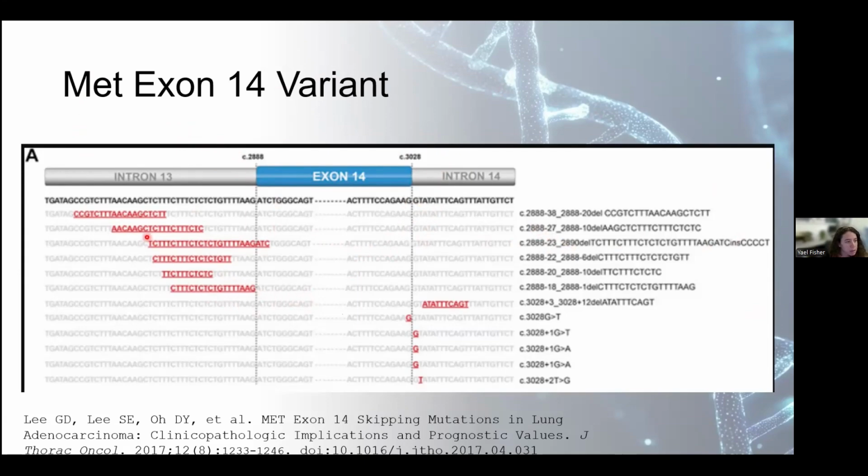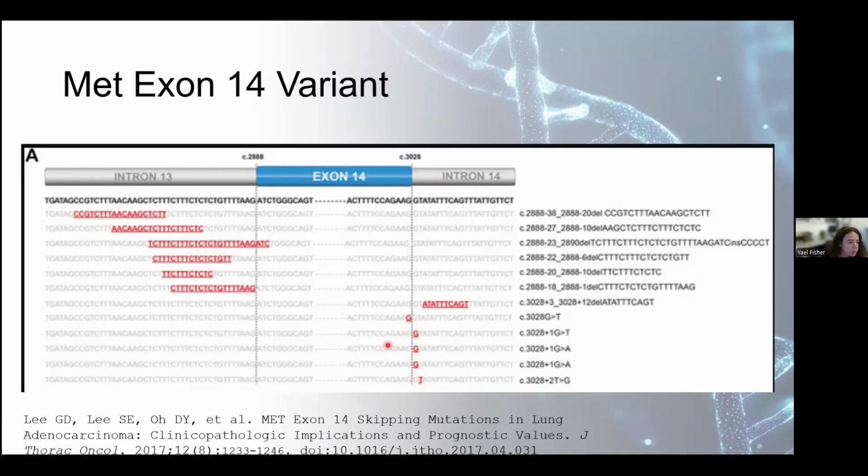These might be insertions or deletions in the intron or spanning the intron and exon boundary, like in this case, or even point variations in the two base pairs around the exon and intron boundary.